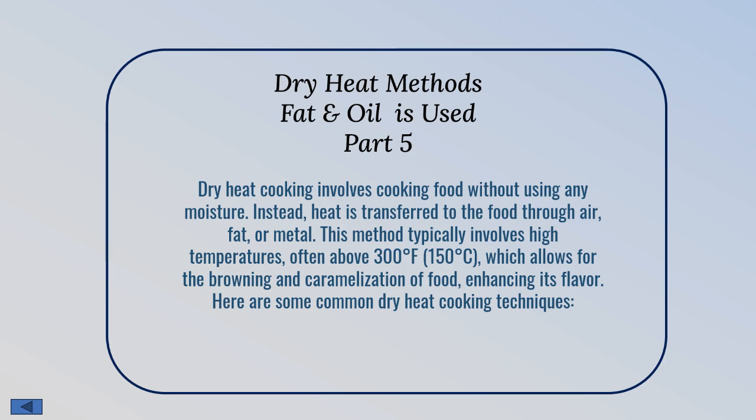What happens if you cook at such a high temperature? It allows for browning and caramelizing of food. That's why we get a very tantalizing brown and crispy color on top of the food, which enhances the flavor. And in this episode we are going to discuss all those methods which come under fats and oil.